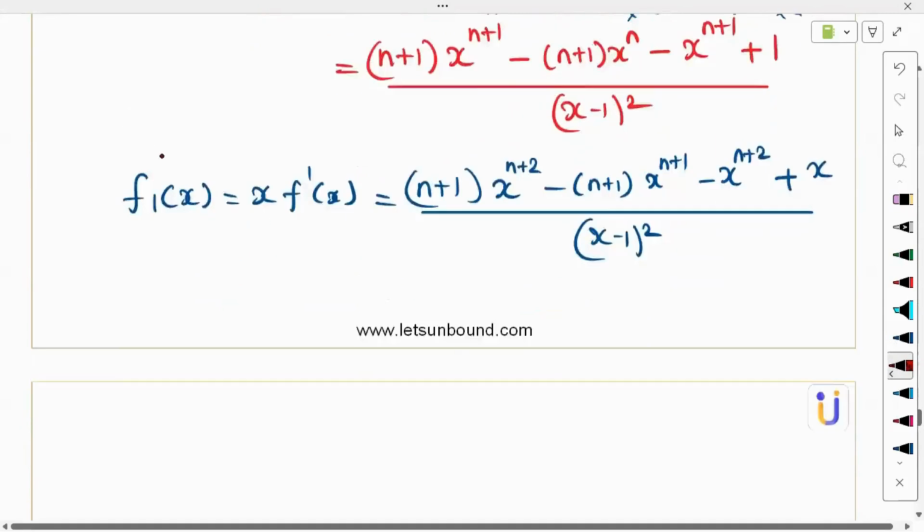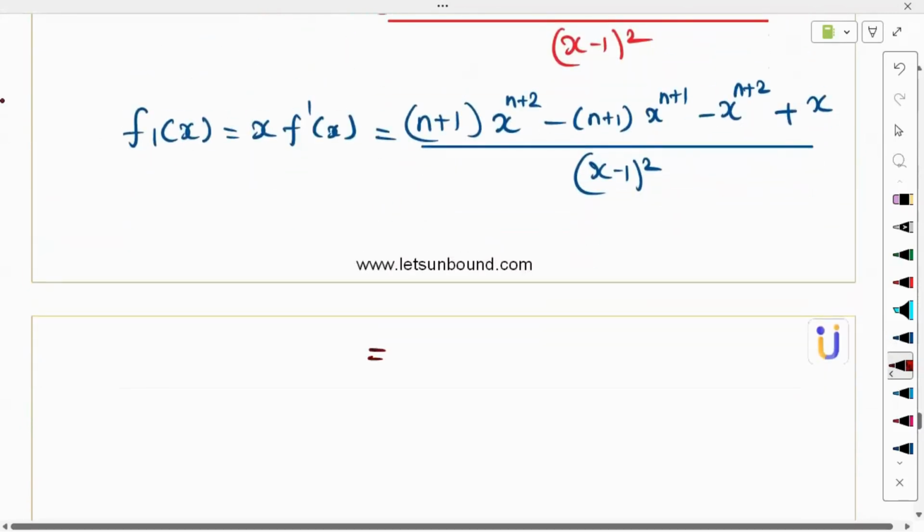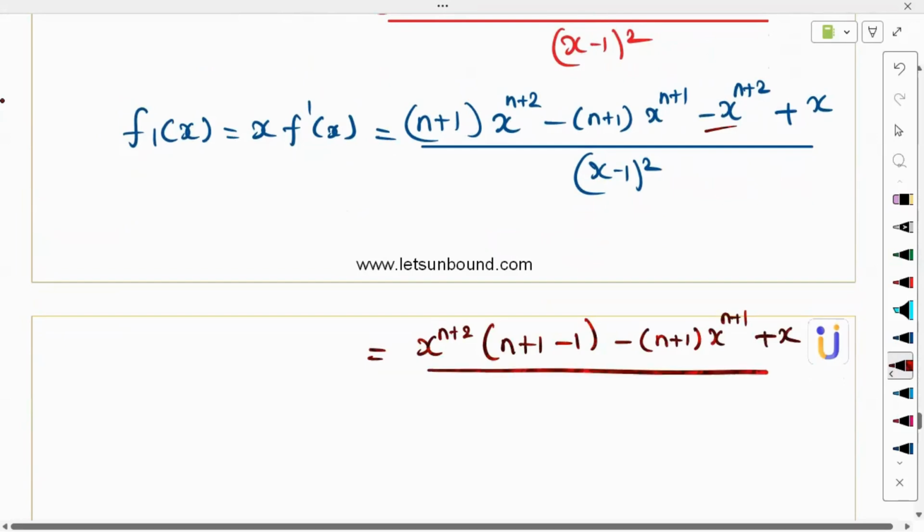Okay, so still we can refine this, like x^(n+2) is common. Let me try to simplify. Take x^(n+2) common, with (n+1) here and here a minus 1 as a coefficient. Then other stuff, let it remain as it is, divided by (x − 1) the whole square.